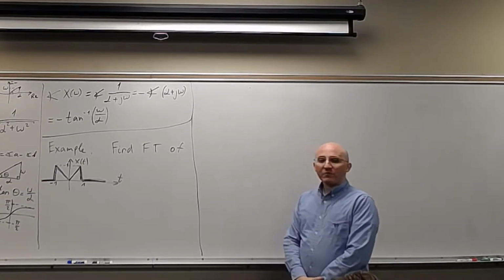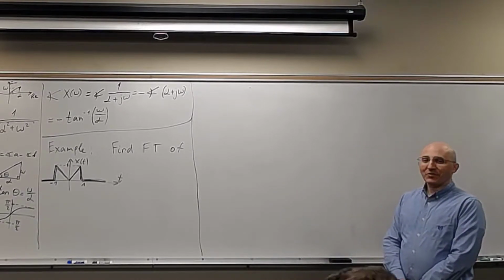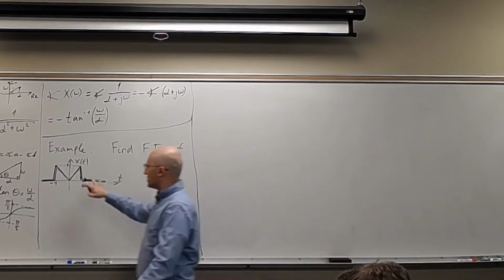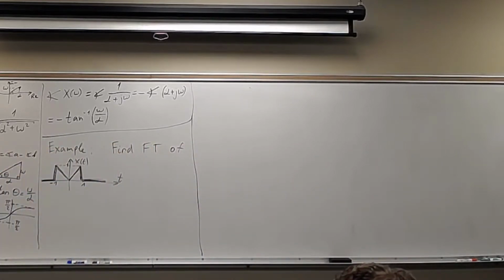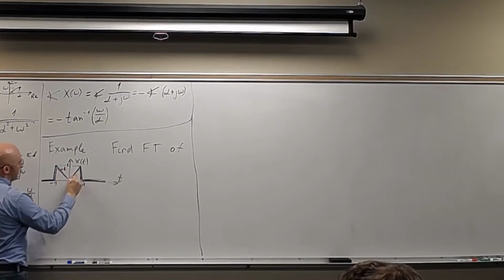How can you find the Fourier transform of that kind of function? There is a trick involved. Clearly you can do it technically by putting that function in as a piecewise function. You already learned how to write that as a long expression with step functions, right? This function is minus t, this function is t.